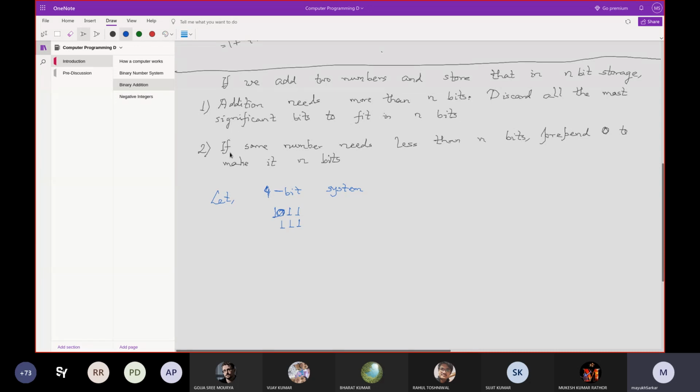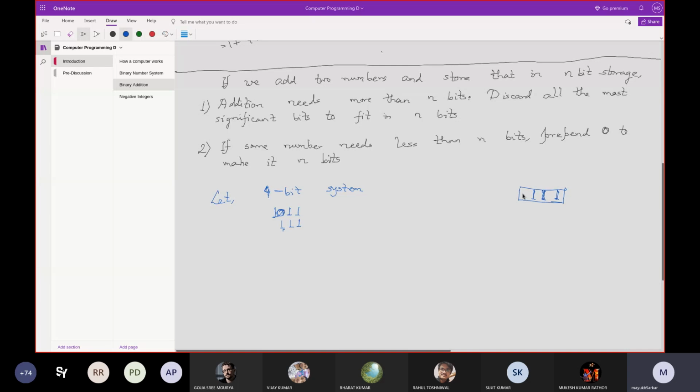But this rule says, as it is a 4-bit system, we are going to store both in, suppose, RAM where each row consists of 4 bits. When we try to store 111 in a certain row of the RAM, it is represented by certain voltage levels, and there is a voltage level assigned for the leftmost bit as well.